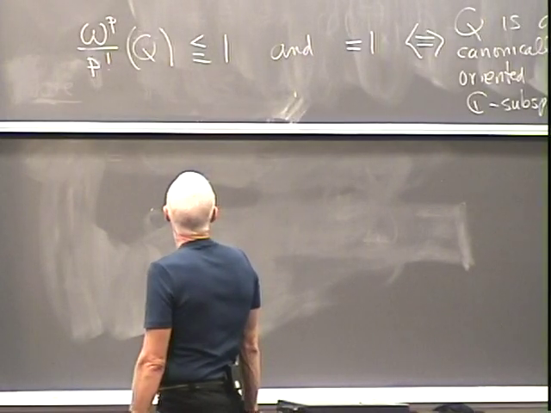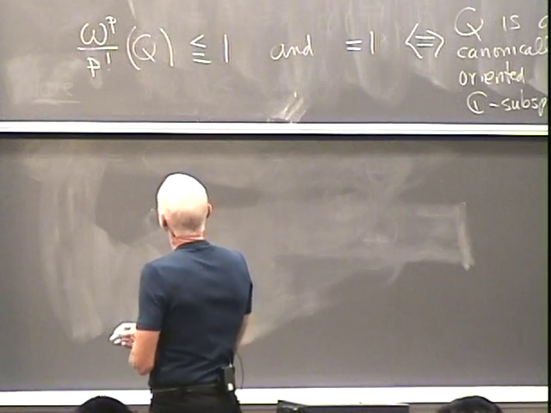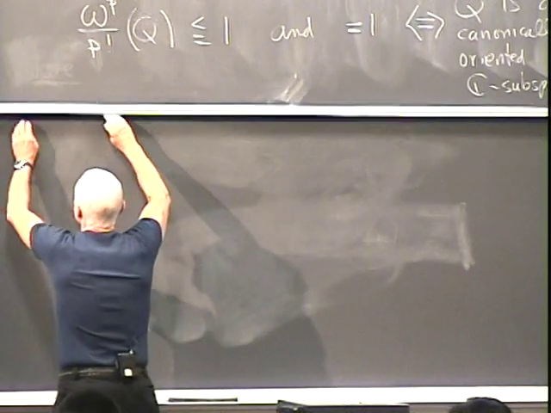So in the terms that I've been using, omega to the p is a calibration.